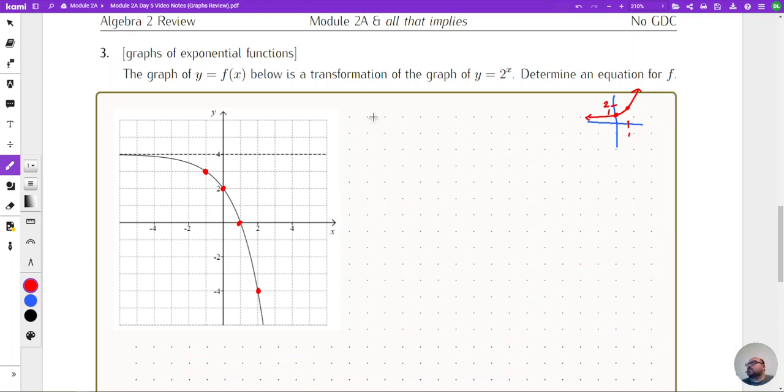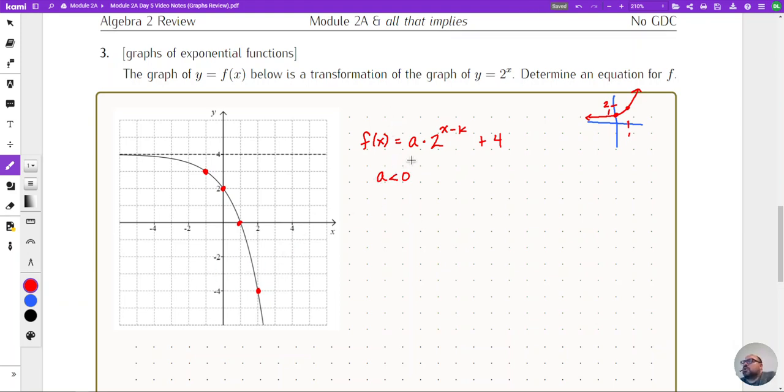Okay, so we're going to say the following, that f of x is going to be of the form some a times 2 to the x minus k, and then it does seem that we move up by 4 units. Because of this reflection in the x-axis, we know that a is going to be less than 0, right?